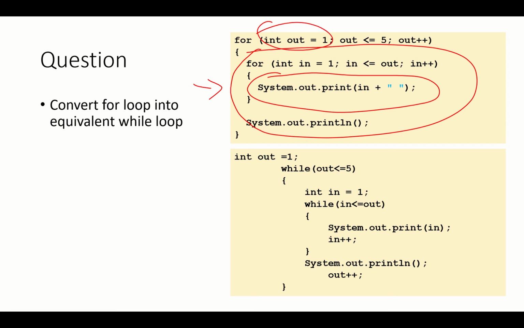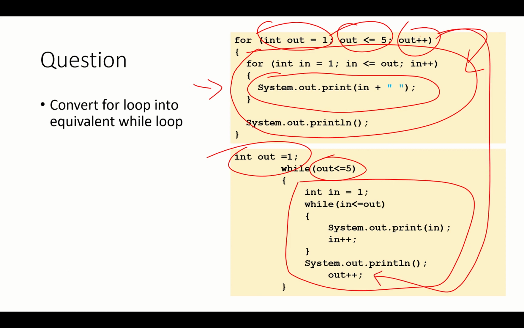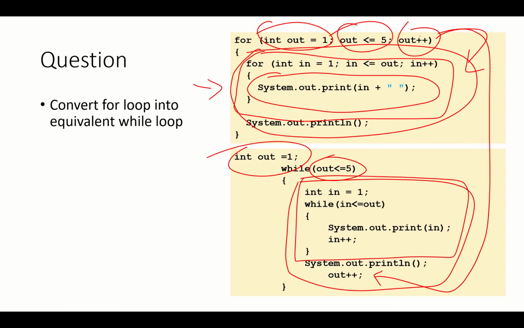So initialization, condition, okay? And this part will be included in the outer for loop body, right? So here, you can see the update here, included. Then you need to convert this loop to the while, right? Okay.